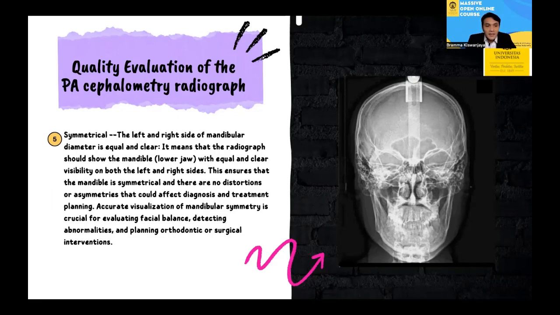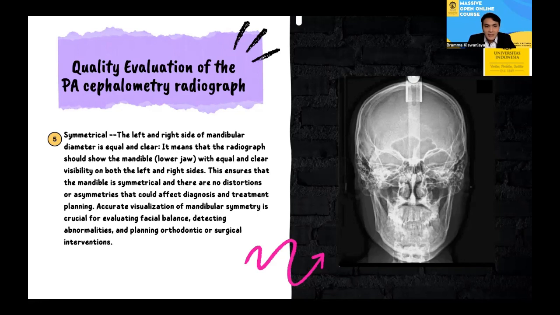Finally, we'll discuss the importance of symmetrical mandibular imaging. Clear and equal visibility on both sides is essential for accurate diagnosis and treatment planning. It means that the radiograph should show the mandible, the lower jaw, with equal and clear visibility on both the left and right sides.